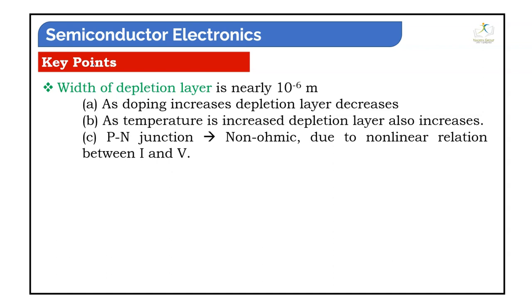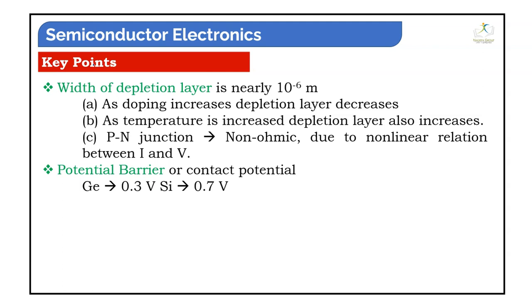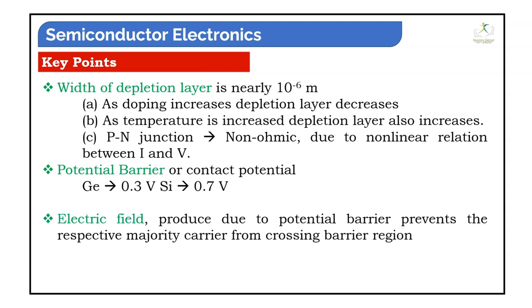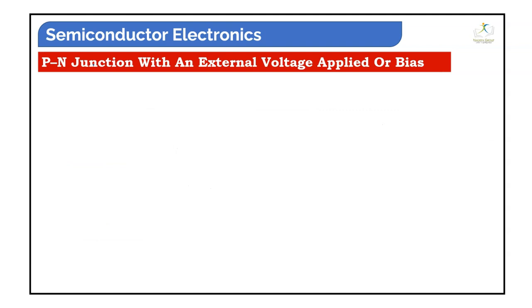A PN junction is non-ohmic due to the non-linear relation between I and V. The potential barrier or contact potential for germanium is 0.3 volt and for silicon 0.5 volt. The electric field produced due to the potential barrier prevents the respective majority carriers from crossing the barrier region.